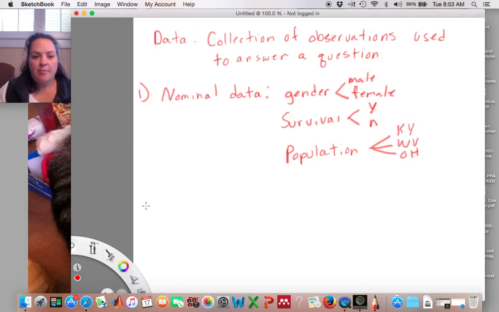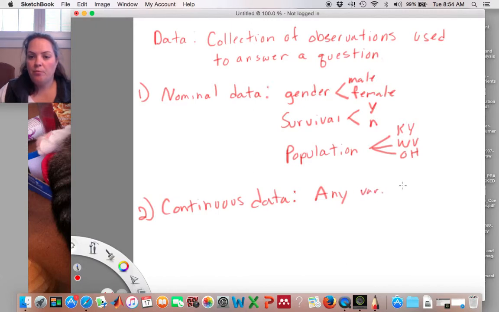The other data type that you guys will be using quite a bit is continuous data. All right, and continuous data is also very simple. It's any variable or any observation between a minimum and maximum number.